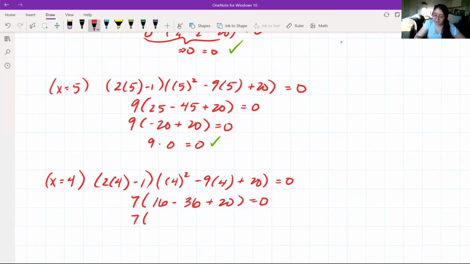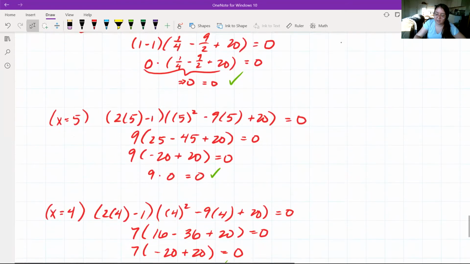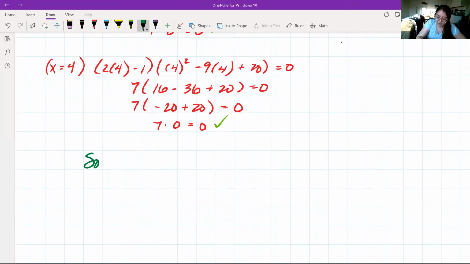We get 7 times 16 minus 36, which is negative 20, plus 20 is equal to 0. And we get 7 times 0 is equal to 0, which is correct. So our solution set is all of these 3 answers. So our solution set is going to be 1/2, 4, and 5.